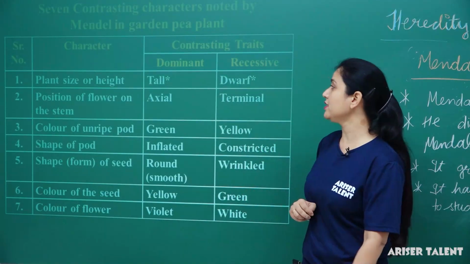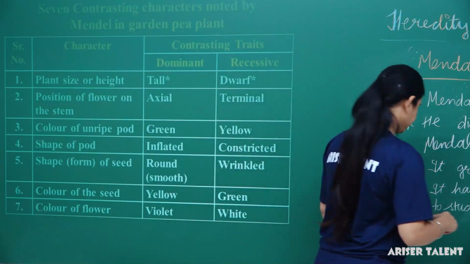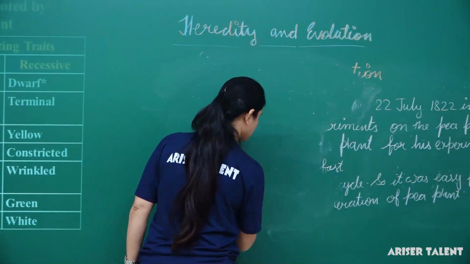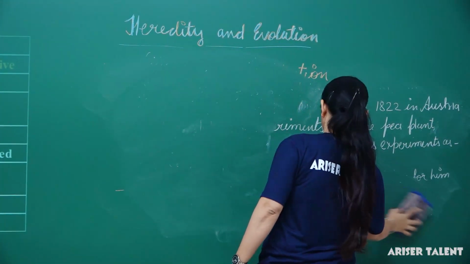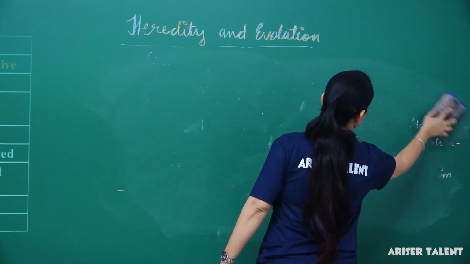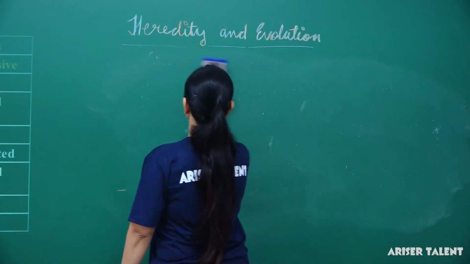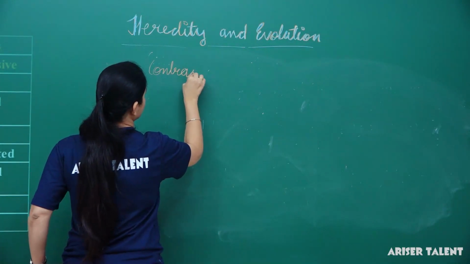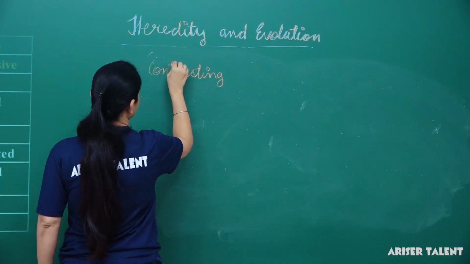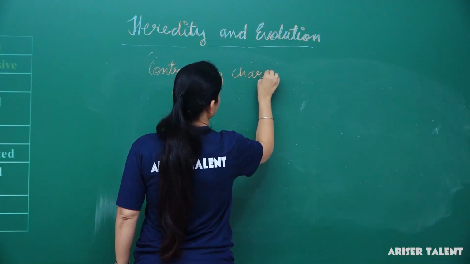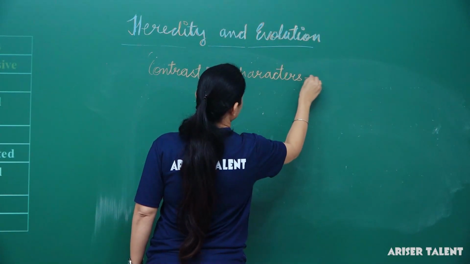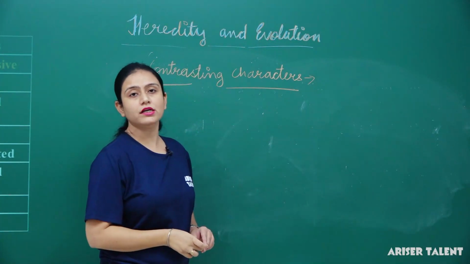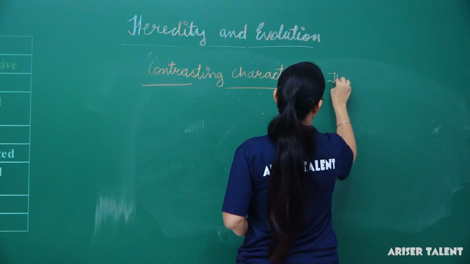So first of all, let me tell you what contrasting characters are. Contrasting characters are the characters which always appear in two opposing conditions.